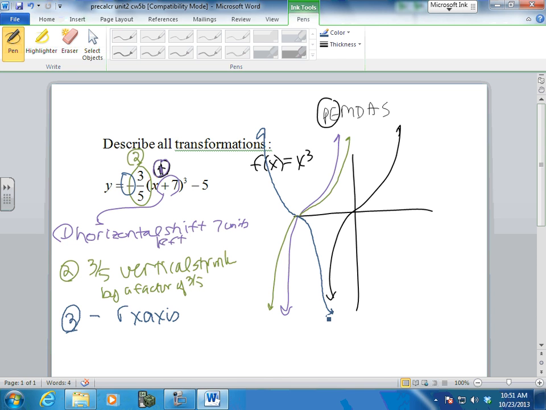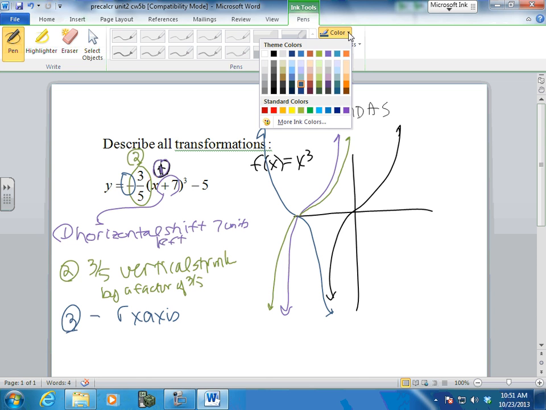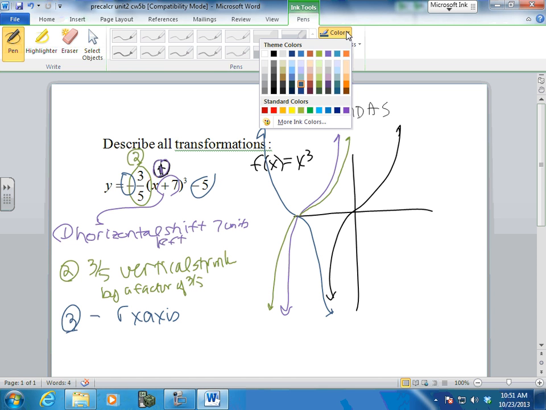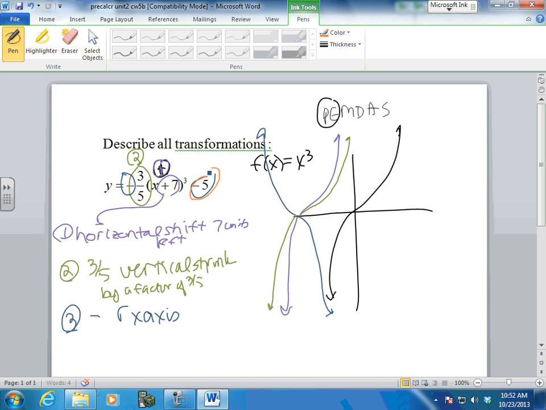And now coming away from that term, we did everything that was multiplied because we multiply before we add and subtract. So now we can come out here to the add and subtract. And we're going to take that guy and we're going to minus 5 on this.